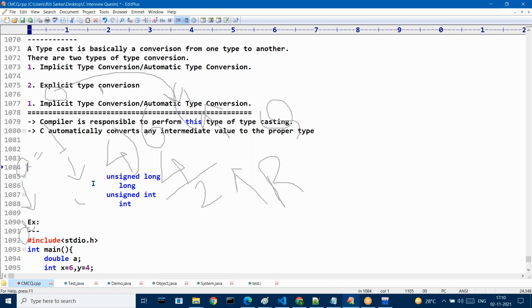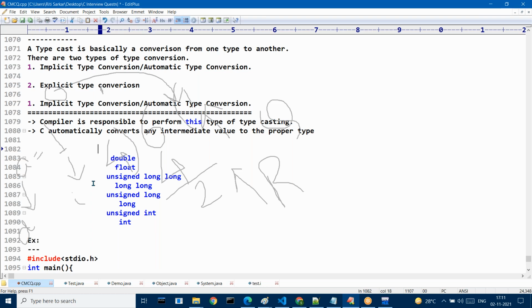Next, long long, that is also a data type, guys. I'm not satisfied with long value, I want much larger value than long data type, then you can go for long long. Next, we are having unsigned long long, followed by float, then double, then long double.